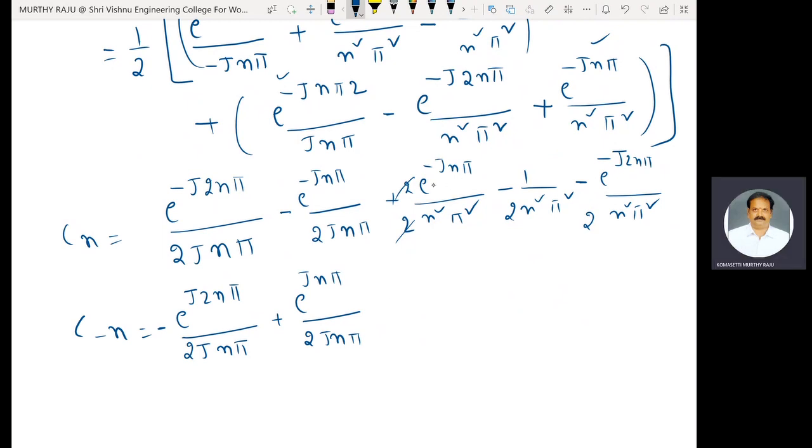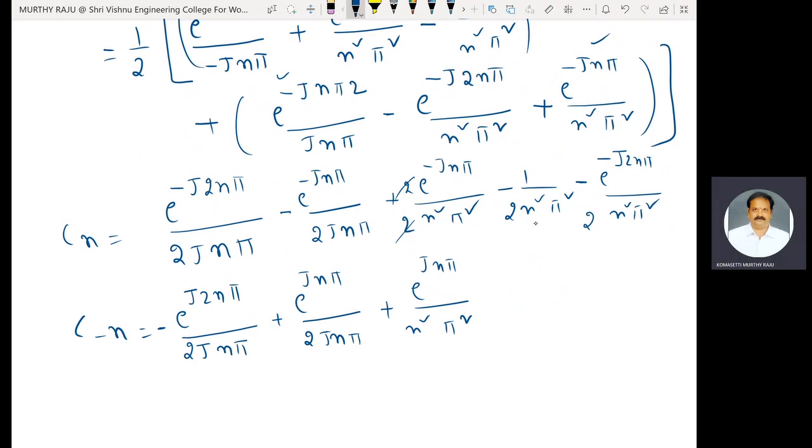Here e power minus j n pi, n replaced with minus n, is equal to e power j n pi by n square pi square.